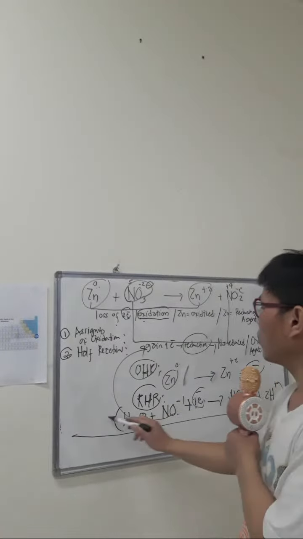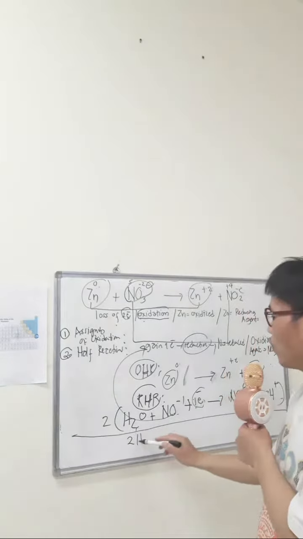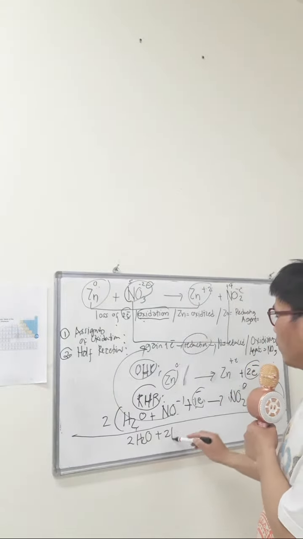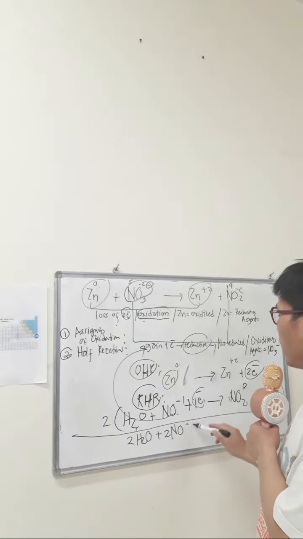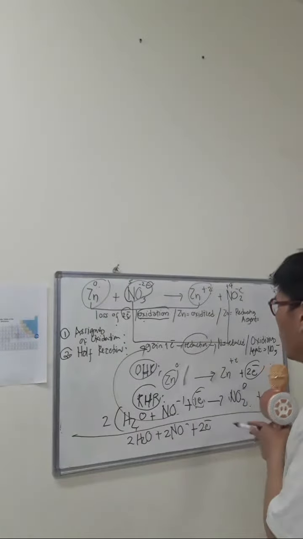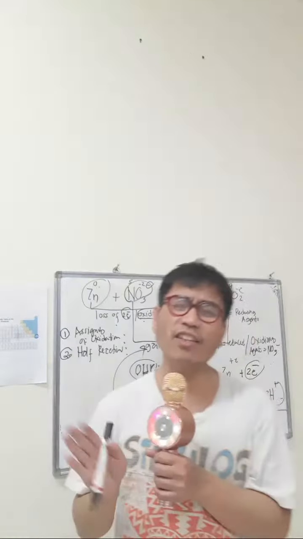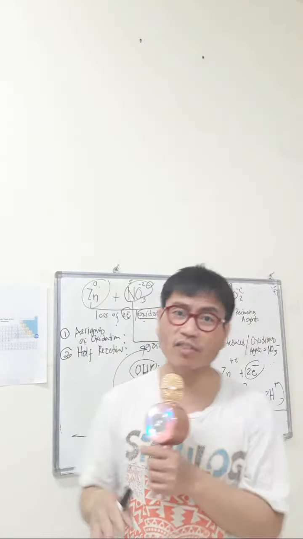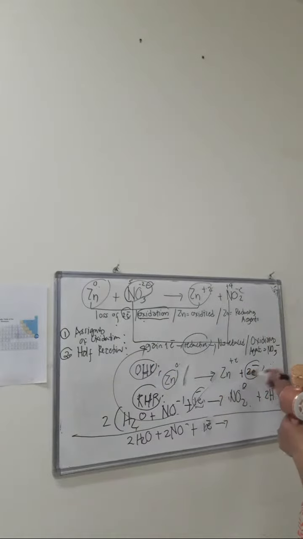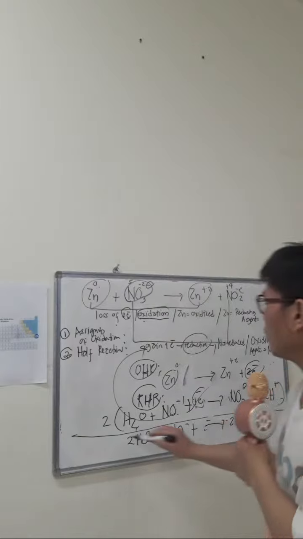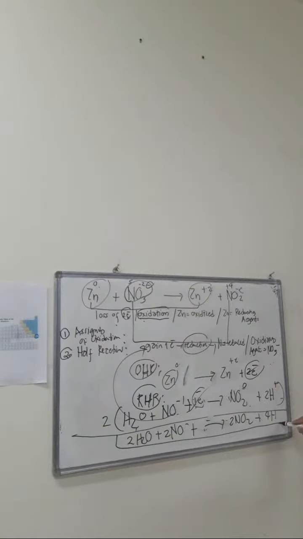So this is going to be 2 moles of water plus 2 moles of nitrite, plus 1 electron, because the electrons are not multiplied, as they will be cancelled later on. Then we have the 2 nitrous oxide plus 4H. So this will be your final half reduction.